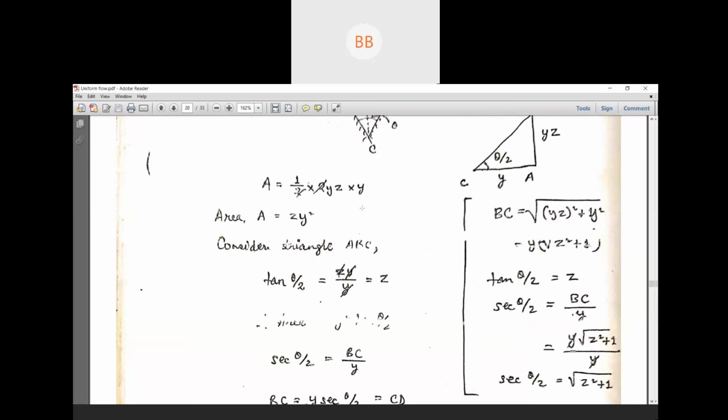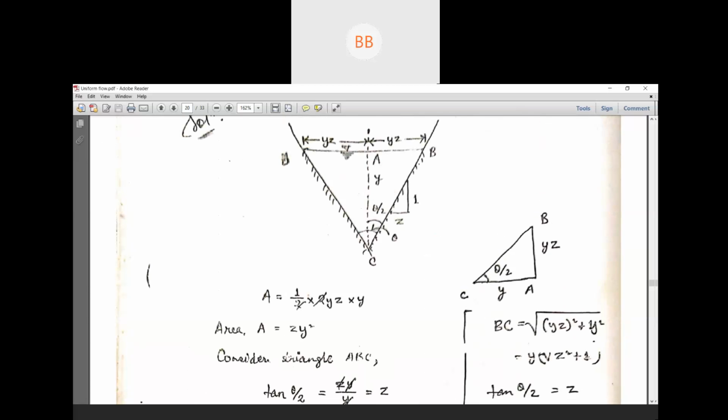So now we are going to consider the area. Area is nothing but half into base into altitude. So here it is a triangular channel. So the base will be this from here to here, our top width. In a triangular channel, our bottom width is 0 and we have top width.